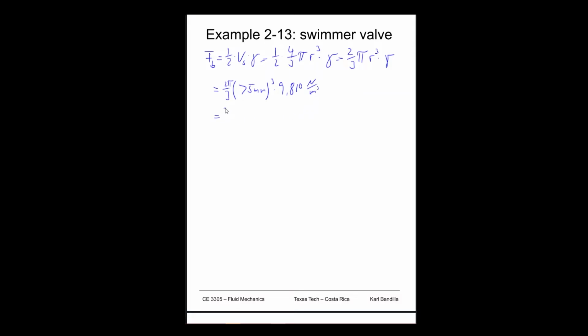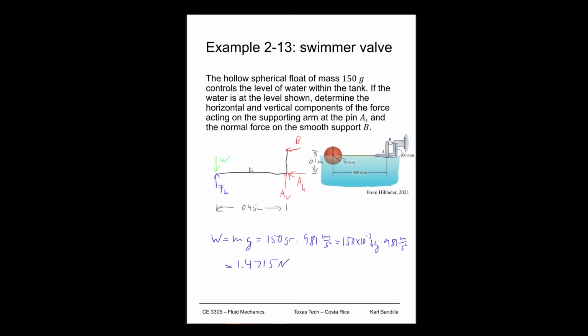We can convert that to meters: 2 pi over 3 times 75 times 10 to the minus 3 meters cubed, times 9,810 newtons per meter cubed. And that comes out to be 8.66785 newtons.